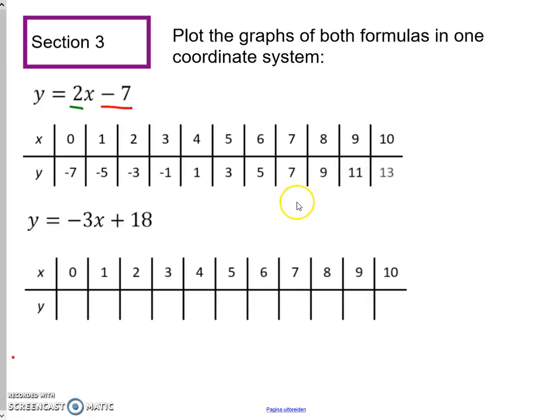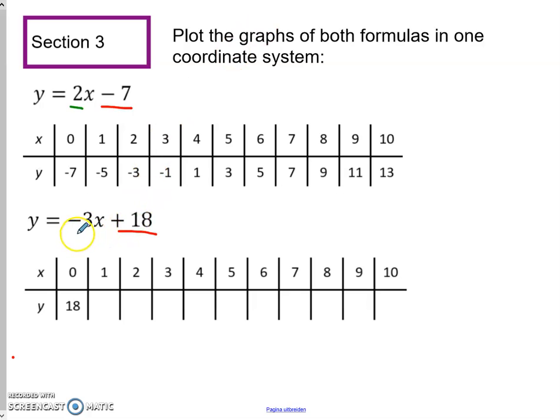Yes? Okay. Then we're going to make the second table. And again, we look at the y-intercept. And the y-intercept always belongs to x is 0. The y-intercept over here is positive 18. So we can fill this in below 0. Again, you can calculate this. Minus 3 times 0 is 0. Plus 18 is 18. So then we look at the gradient.